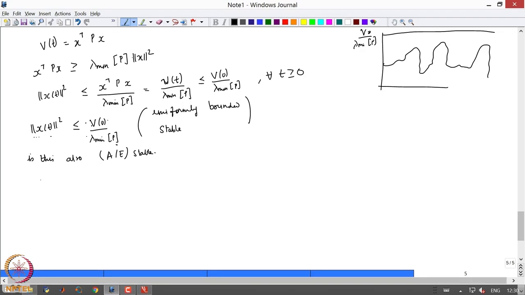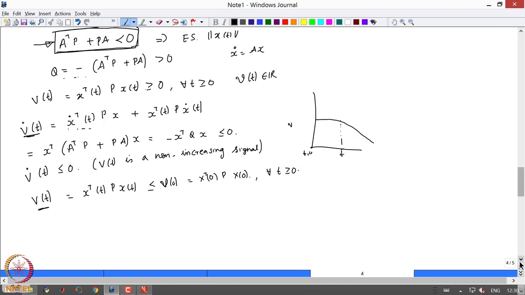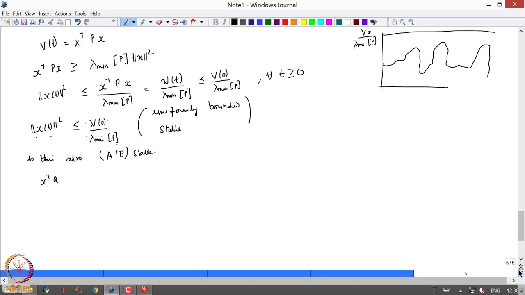Okay. Now, this matrix Q, which was here, is also such that X transpose Qx will be greater than or equal to lambda min of the same Q times x square.